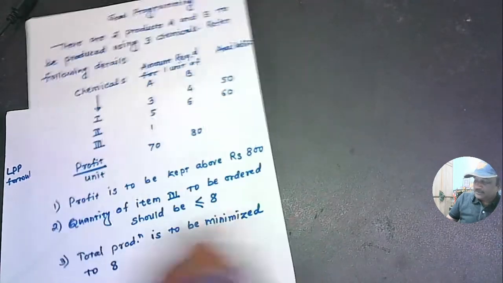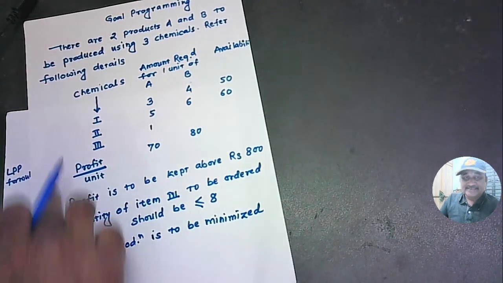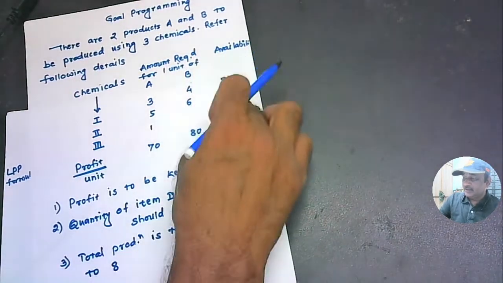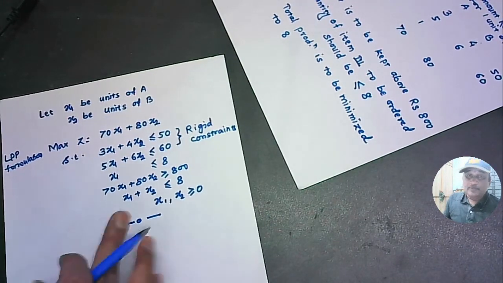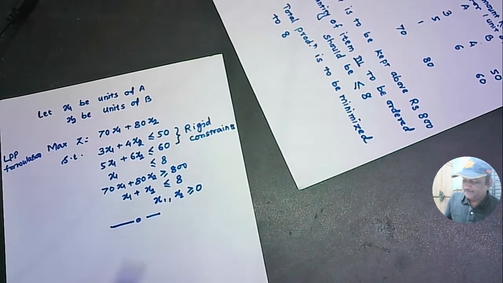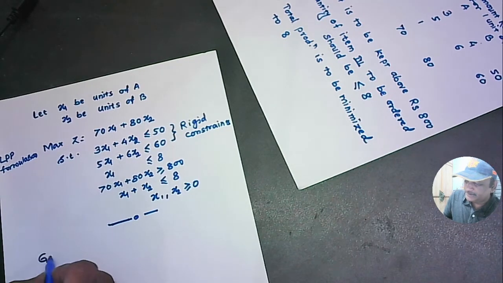So these are called goals, these are called targets, and these are called rigid constraints. Now how the formulation is done in case of goal programming is interesting to see. Goal programming formulation, here I write.